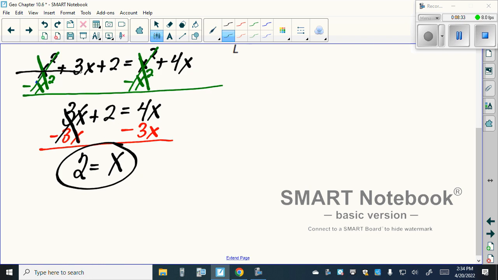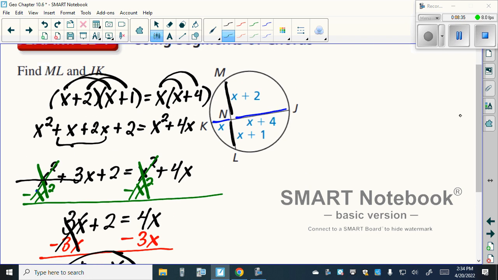So it wanted the length of ML and JK. So for this here, ML is this entire length. JK is this entire length. Now, if we plug x back in, this one here would be 2. Up here, we have 2 plus 2, which is 4. Here, x plus 1 or 2 plus 1 is 3.